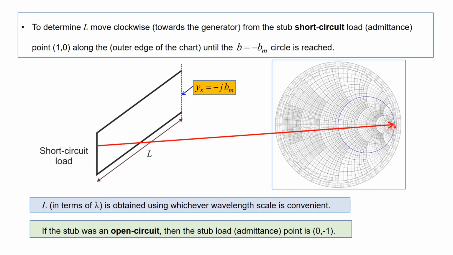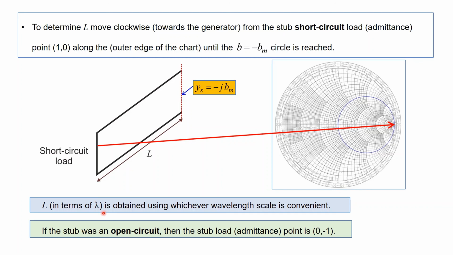And then that distance of movement, we could work out in terms of wavelengths, either using the wavelengths towards generator scale, or indeed, if you want, the wavelengths towards load scale. It doesn't really matter, as long as you're careful with the starting point on the wavelength scale and the end point. So we can get there for L in terms of lambda.